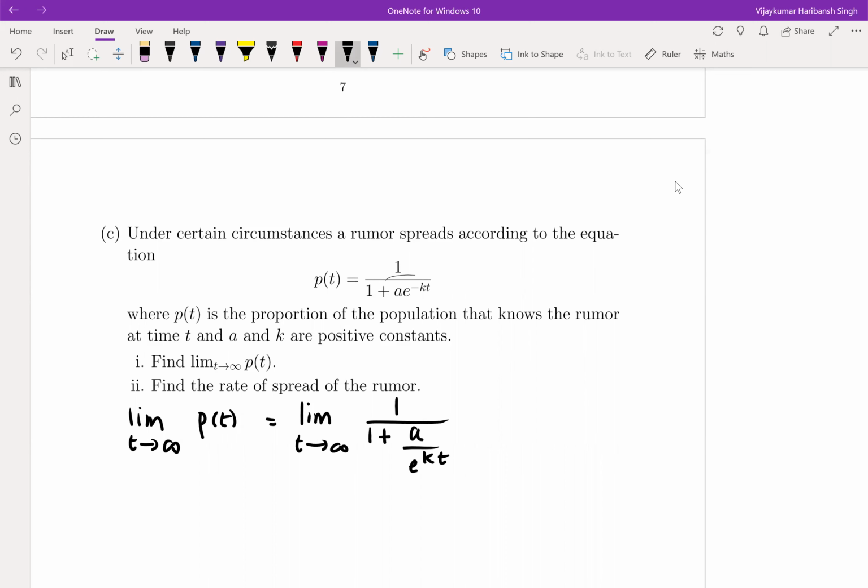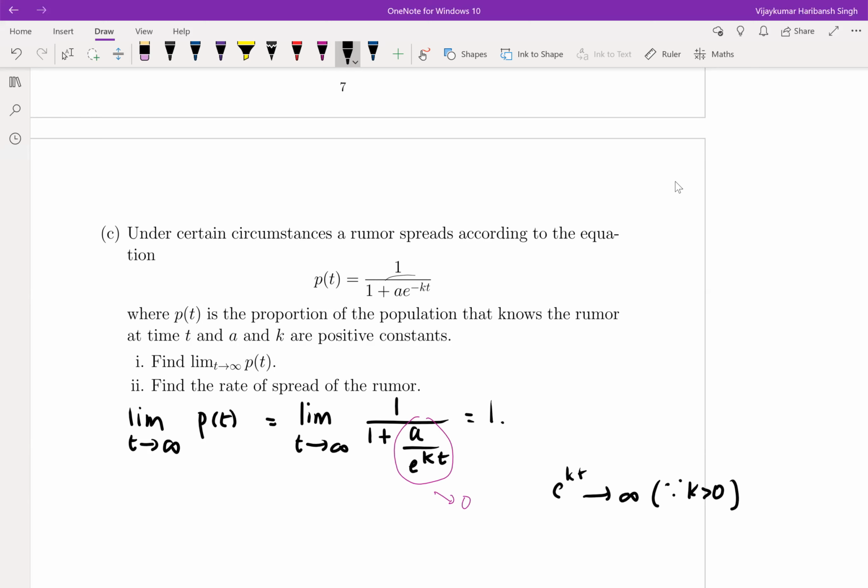Now as t goes to infinity, what can you say about e to the power kt? Where does that go to? If t goes to infinity, e to the power kt goes to infinity, since k is greater than 0. So 1 over that goes to 0. So the whole thing goes to 0, and we get the answer to be 1.